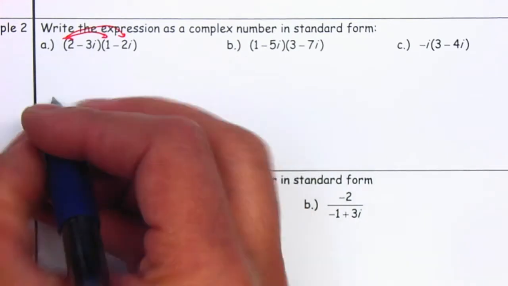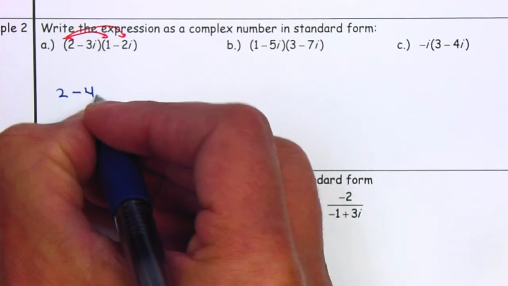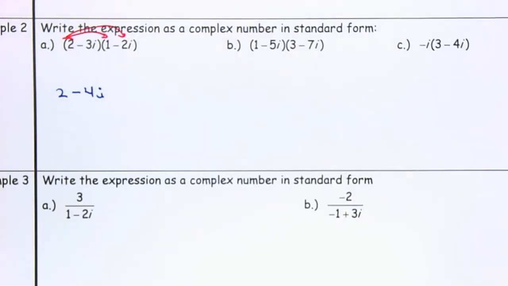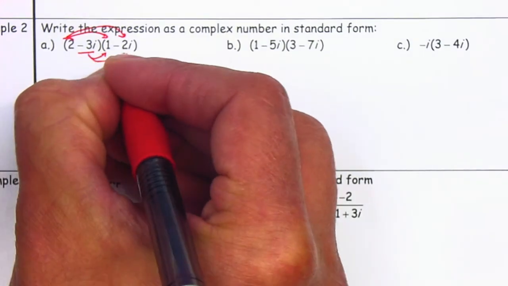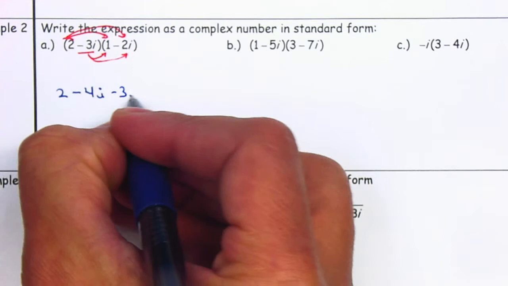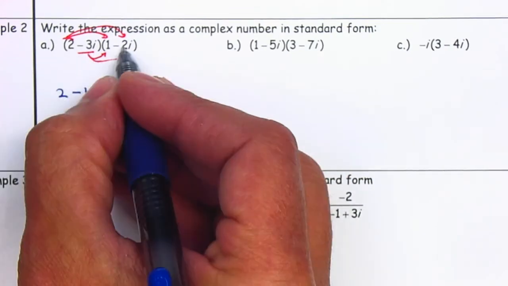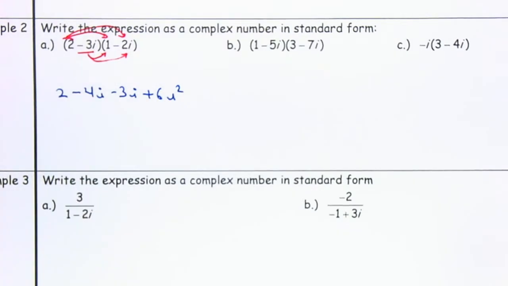So 2 times 1 will give us 2, and 2 times negative 2i will give us negative 4i. Then we distribute the negative 3i times the 1 and the negative 3i times the negative 2i. So negative 3i times 1 is negative 3i, and negative 3i times negative 2i will give us a positive 6i squared.